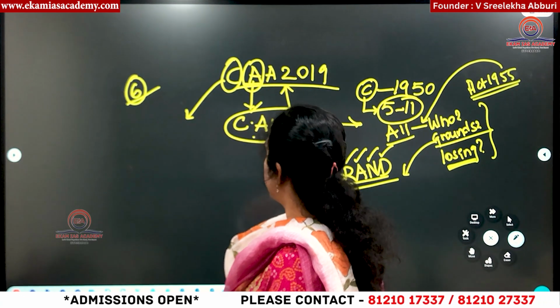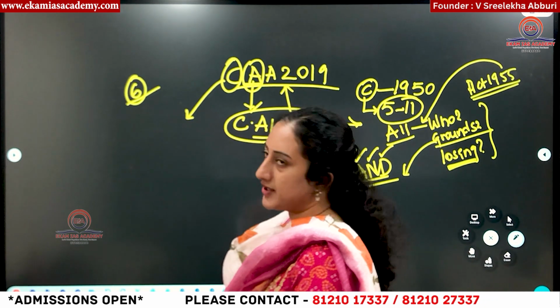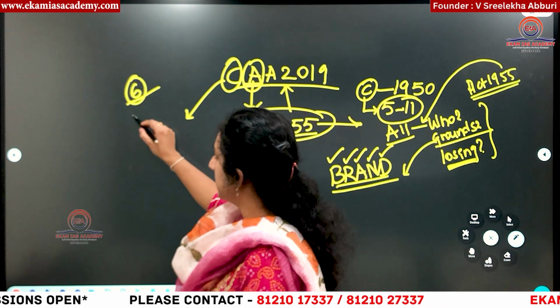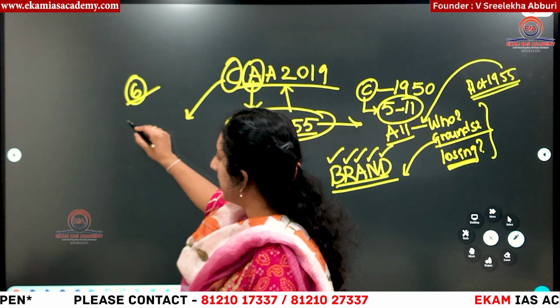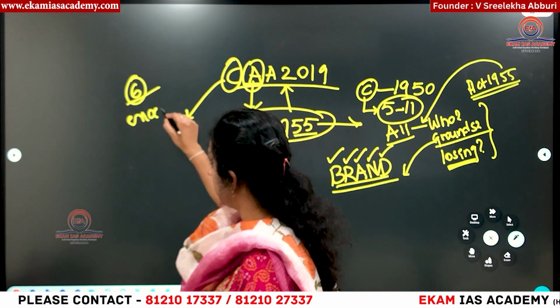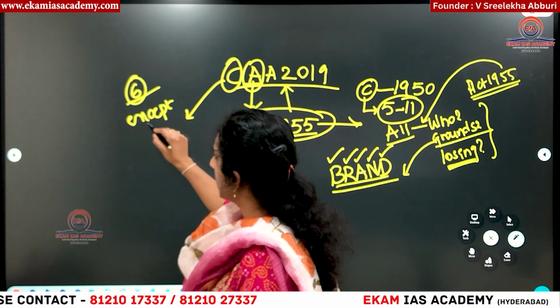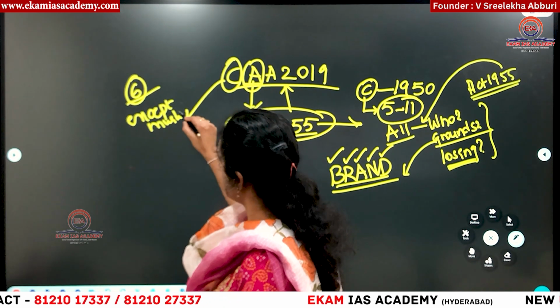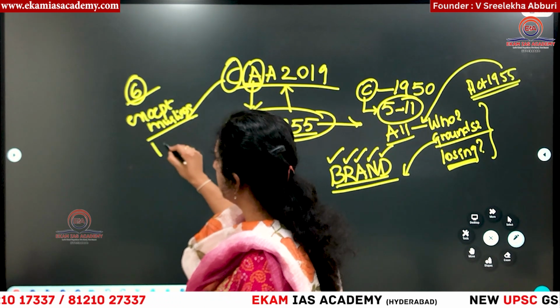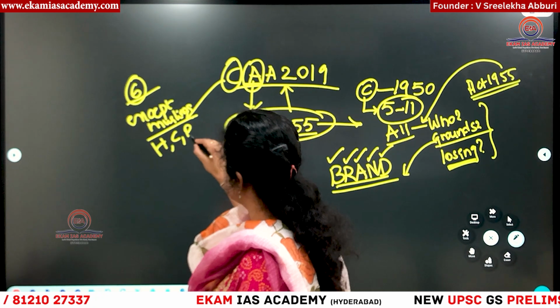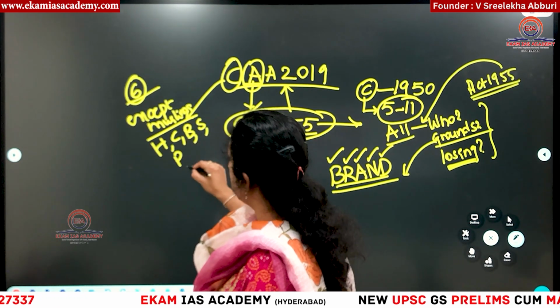Here we have to understand that this Citizenship Amendment Act is going to give citizenship to all the religions except Muslims, like Hindus, Christians, Buddhists, Sikhs, Parsis and Jains.